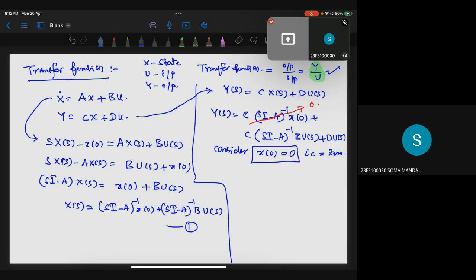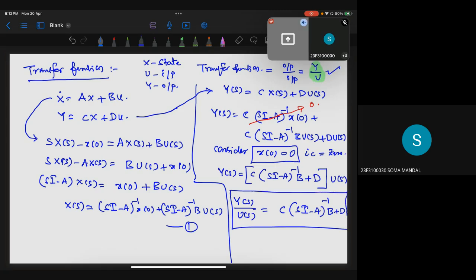So Y(s) is equivalent to C (sI minus A) inverse B plus D, times U(s). Finally, Y(s) by U(s) is C (sI minus A) inverse B plus D. Correct. This is the transfer function.